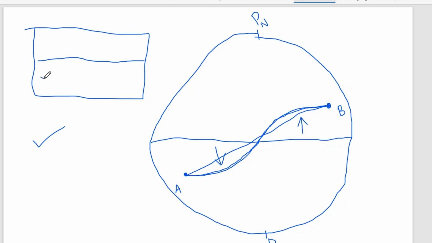It will not be a straight line. It will be a curved track. Yes, it will have both the curves. In the southern hemisphere it will be curved towards the South Pole, and in the northern hemisphere it will be curved towards the North Pole. Okay, sir.